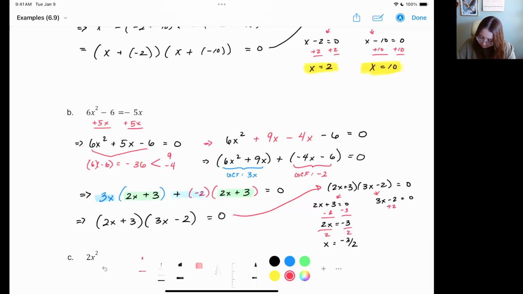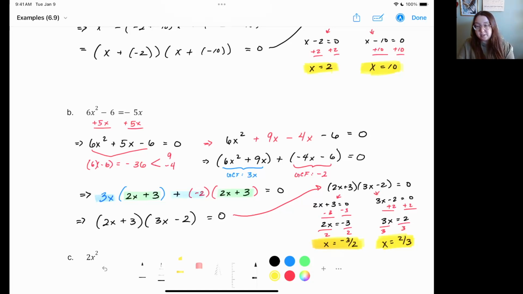So we'll add 2 to both sides. 3x equals 2. We'll divide by 3 to get x is equal to 2/3. And those are our answers.